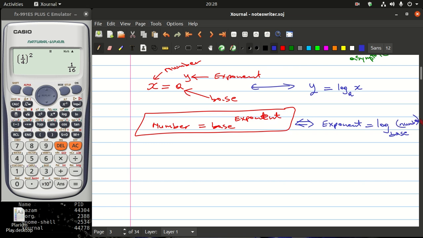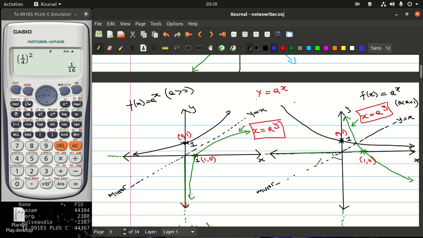Right, let's go back. So we have this nice function here. In this curve, this function is the same as, I'm going to rewrite it as, y is equal to log ax. The same goes for this particular function here. I'm going to just rewrite it and say we have y is equal to log ax.